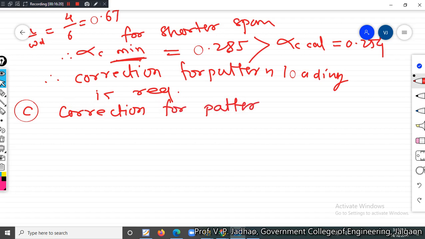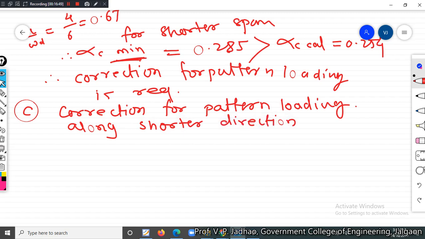Along the longer span we don't require the correction for pattern loading, but for the shorter span we will be requiring the correction for pattern loading, along the shorter direction or shorter span.